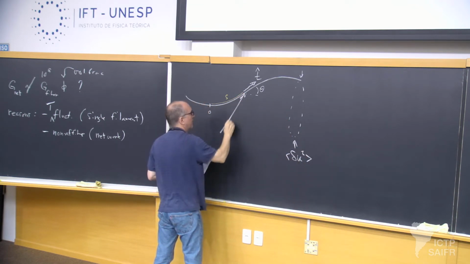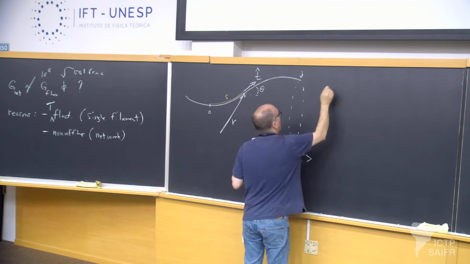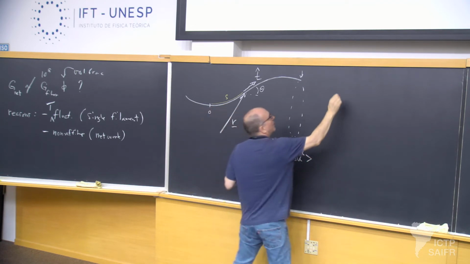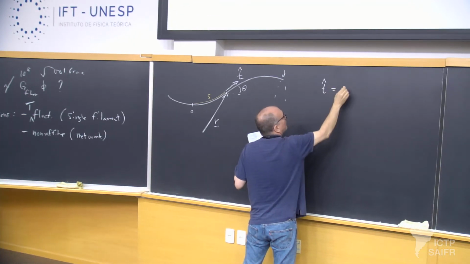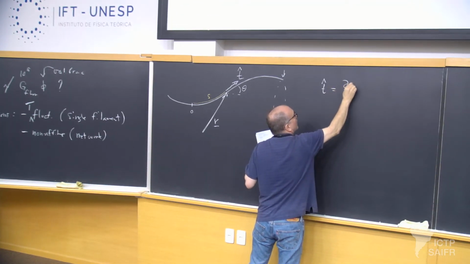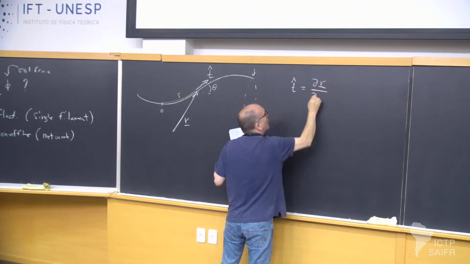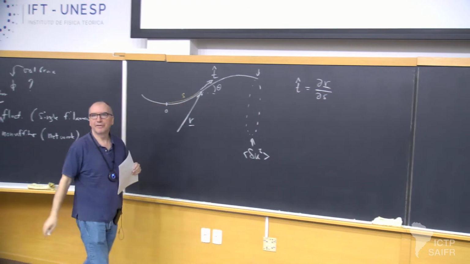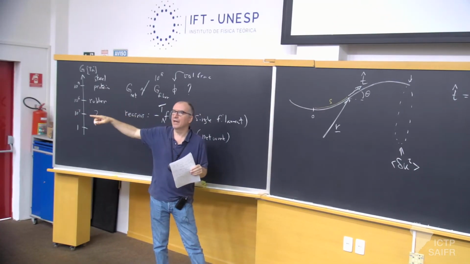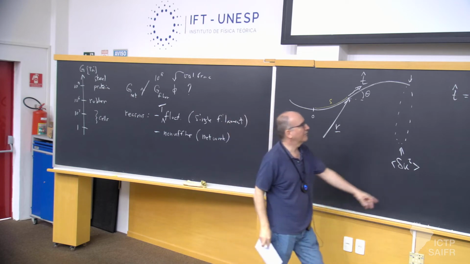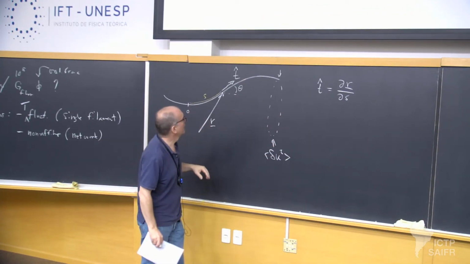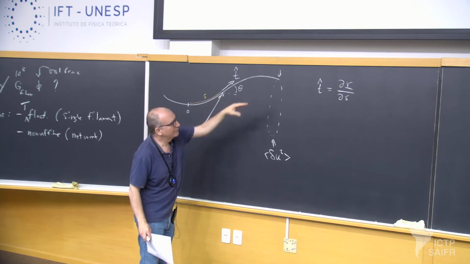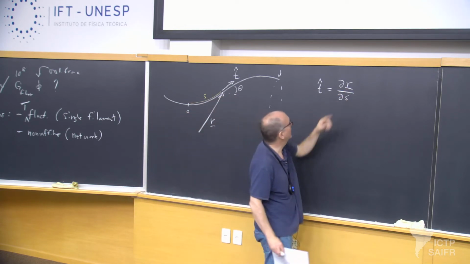Just to define some things here, the unit tangent vector could be defined in terms of the derivative of position along the fiber as a function of arc length. In a straight line, obviously, these would wind up being parallel.